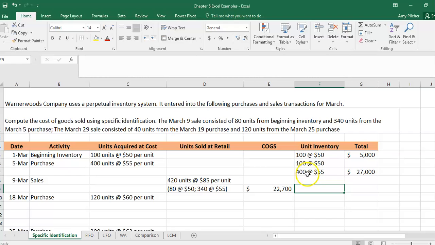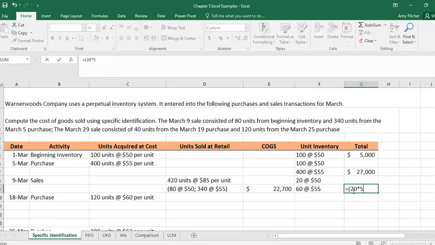We now have in our ending inventory 20 units left of the $50 cost units and 60 units left of the $55 cost, for ending inventory of 20 times 50 plus 60 times 55, $4,300. We then purchase 120 units at $60 per unit.